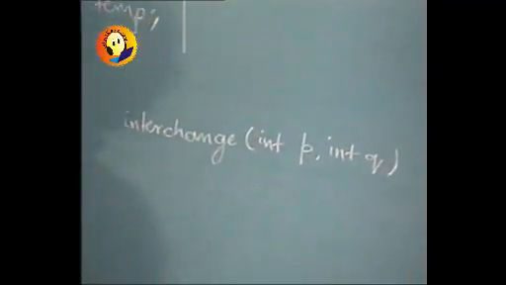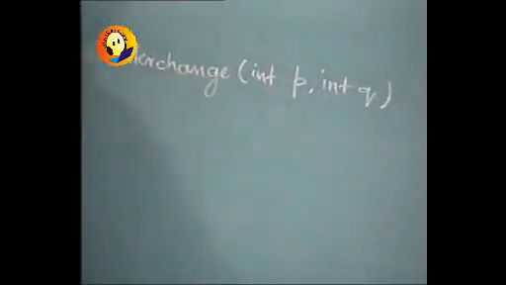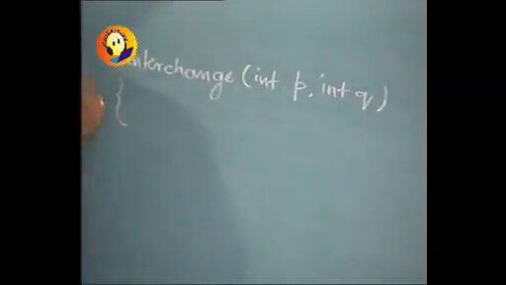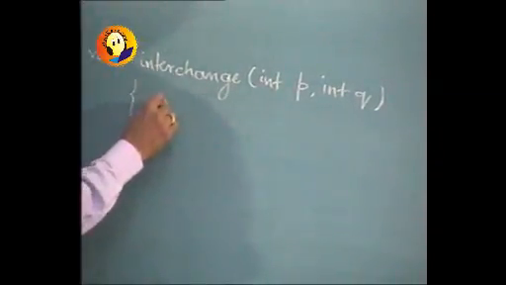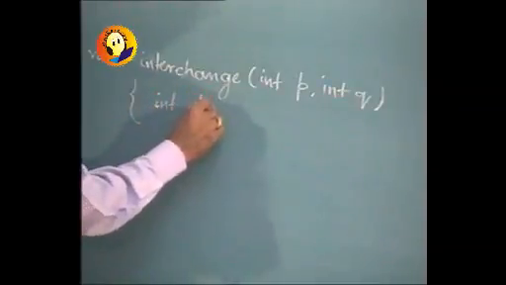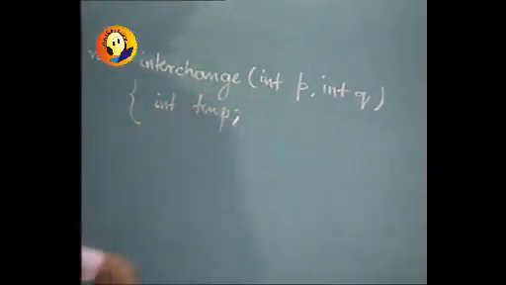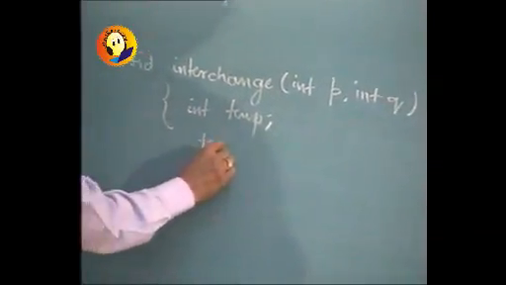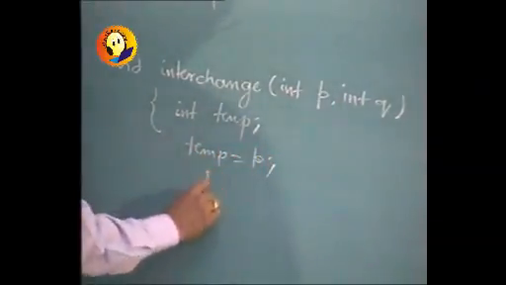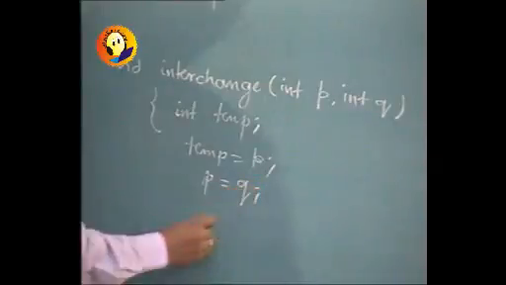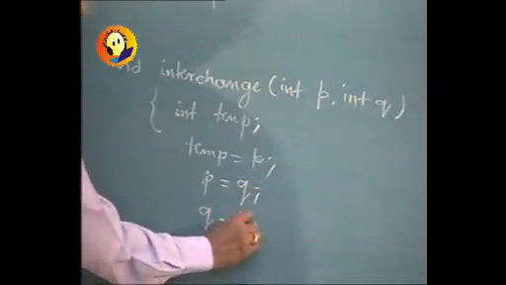Int p comma int q. How one should write it? Int temporary, and then temp equal to P, P equal to Q, Q equal to temp.